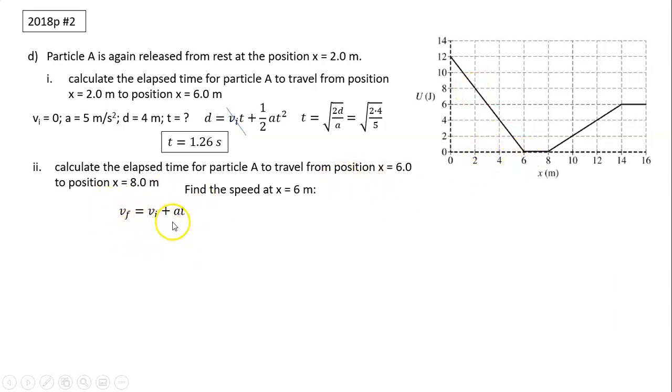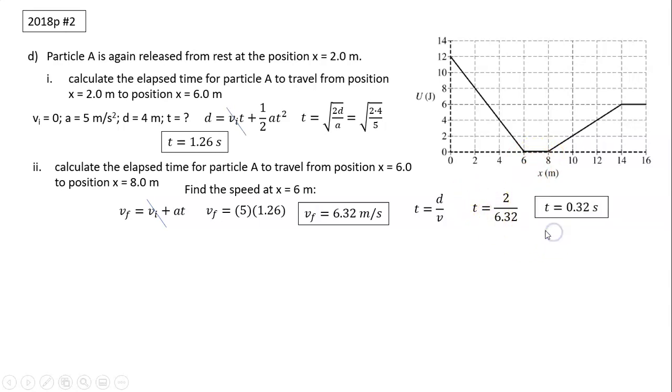So we can just use this equation to find the final velocity at x equals 6. v_i in this case is 0, a is 5, and from 2 to 6 it takes 1.26 seconds. So we have v_f, the velocity at x equals 6 meters. We also know the distance is 2, so we can figure out the time. Time is 0.32 seconds. By the way, v equals d over t, so t equals d over v.